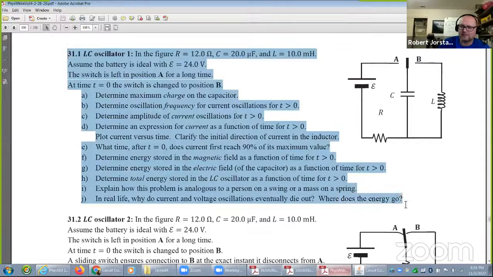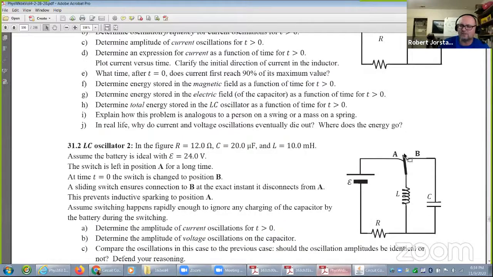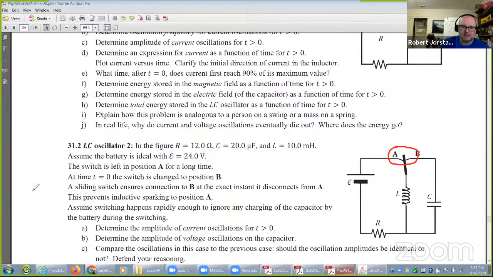But if you want to, you could try and walk through this and just follow the first one as an example. And I just want to show you there is a way you could do this where the inductor is actually starting out with the energy. And all I'll say about this is notice this special switch. Imagine if you had a sliding piece of metal like this and another piece of metal like that.